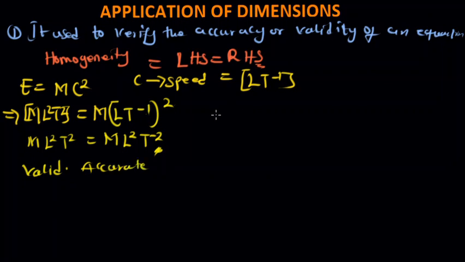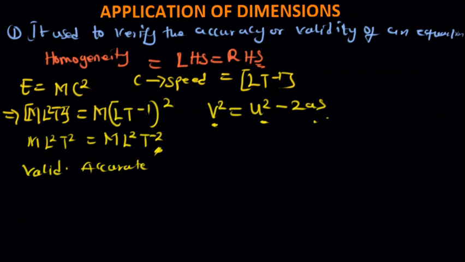Now let's look at another equation for motion in a straight line. That is, we have v squared equal to u squared minus 2as. So v is final velocity, u is initial velocity, a is acceleration, and s is distance covered.